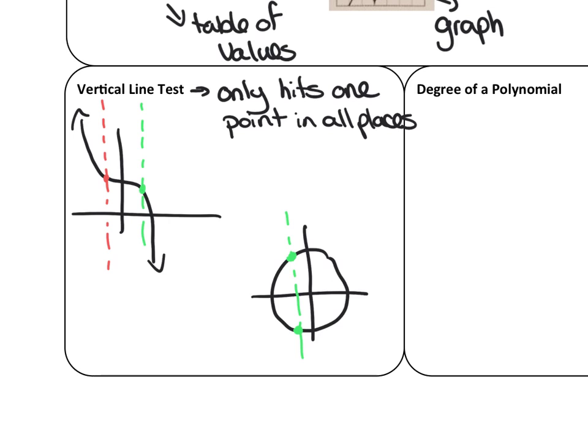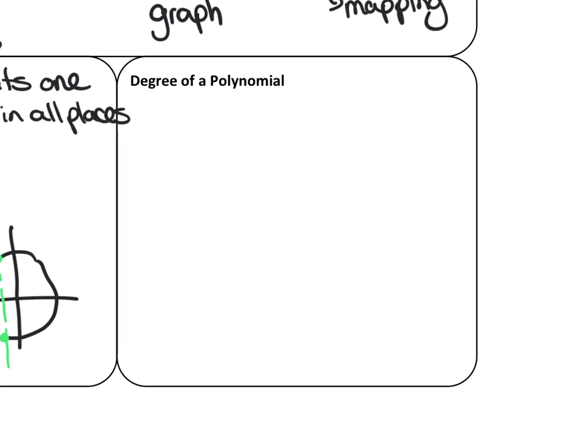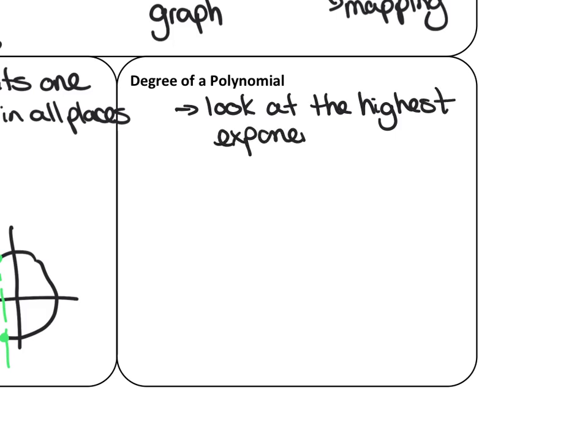Another thing with polynomials is that they talk about the degree of a polynomial. In order to find out what the degree of a polynomial is, you look at the highest exponent on the variable. And in most cases for us, it'll be whatever that highest value is on our x's.